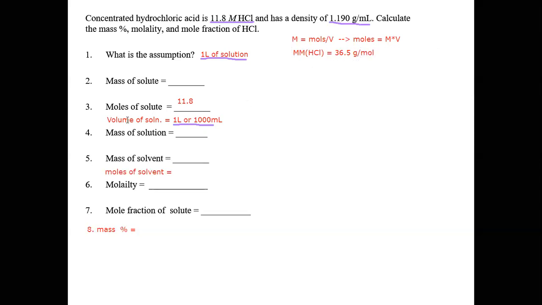So again, if we know the density of the solution, we know the volume of solution, we can calculate the mass of solution. So mass equals density times volume. That's how we get the mass of solution. To find the mass of solute, we take the moles of solute, multiply it by its molar mass, we get the mass of solute.